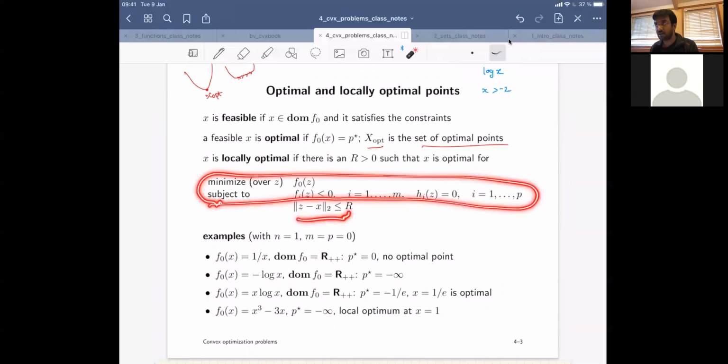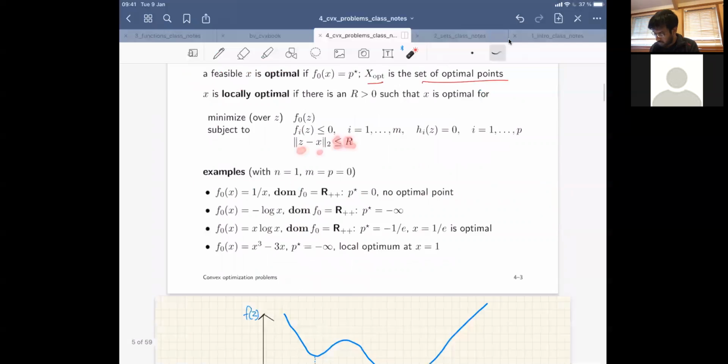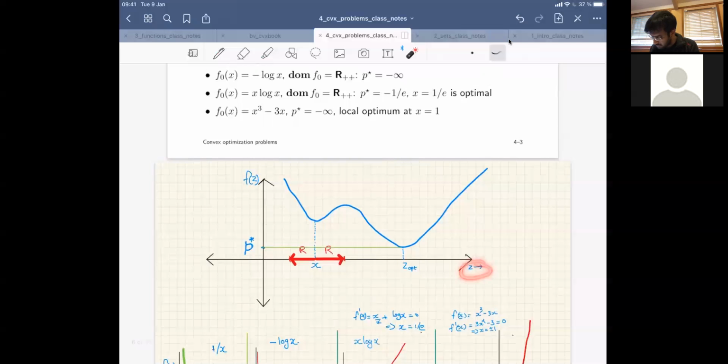I can find an r such that the distance from a specific point x is limited. This is an optimization problem in the variable z, over z. So now I consider all z such that its distance from a particular x is less than r. That means I am considering only this region.